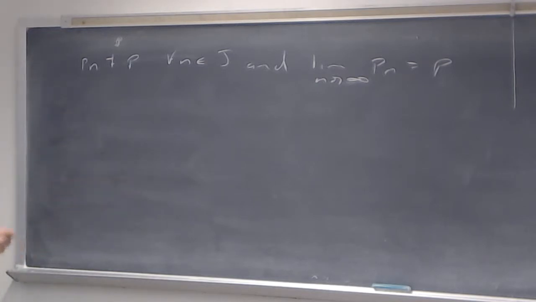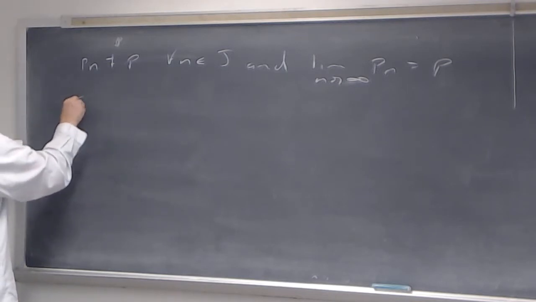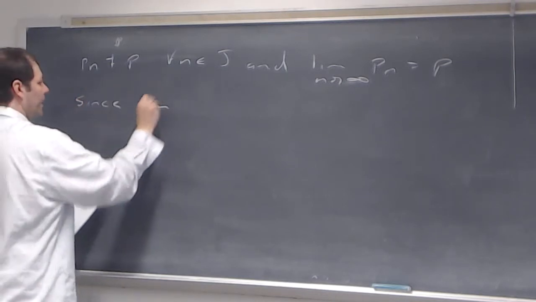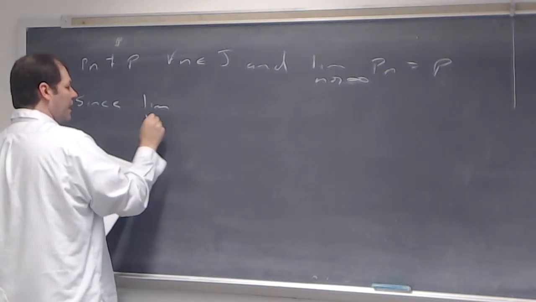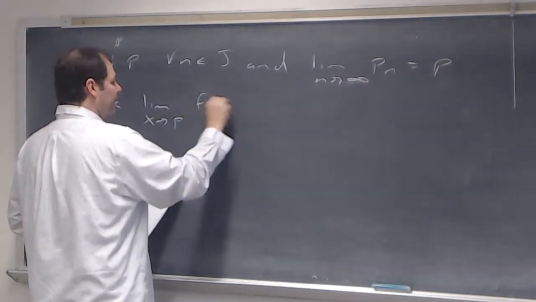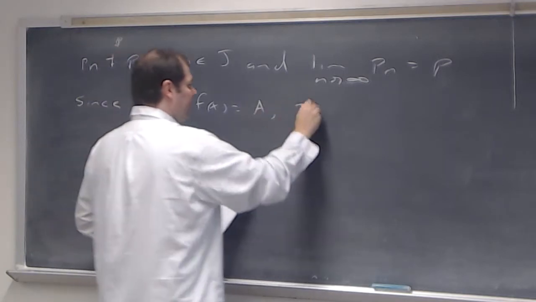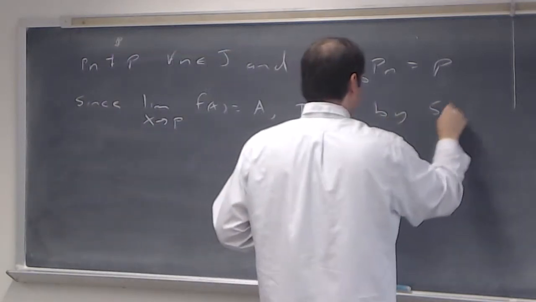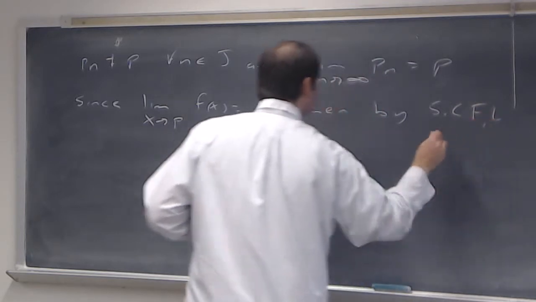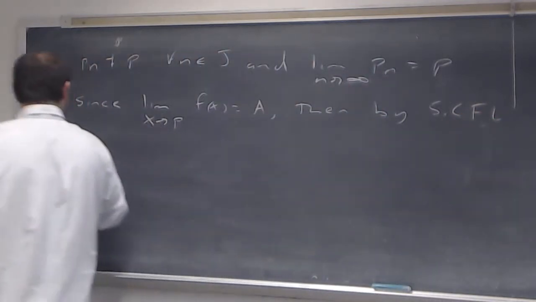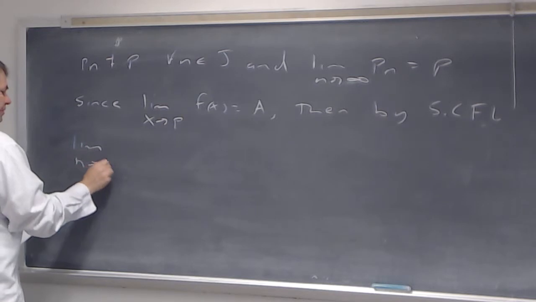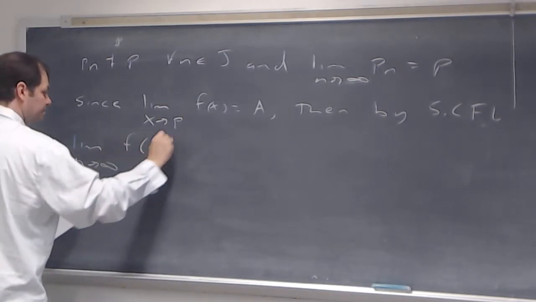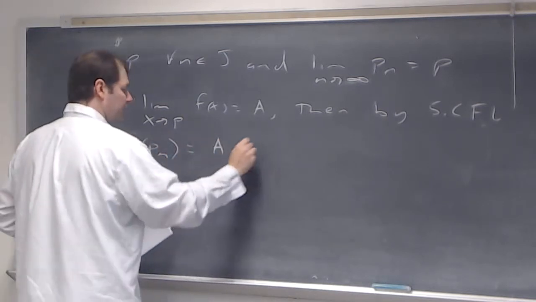Now, what we want to show is that f plus g acting on p sub n will converge to a plus b. But we'll get there because since the limit as x goes to p of f of x equals a, then by the sequential criterion for function limits, the limit as n goes to infinity of f of p sub n will equal a.